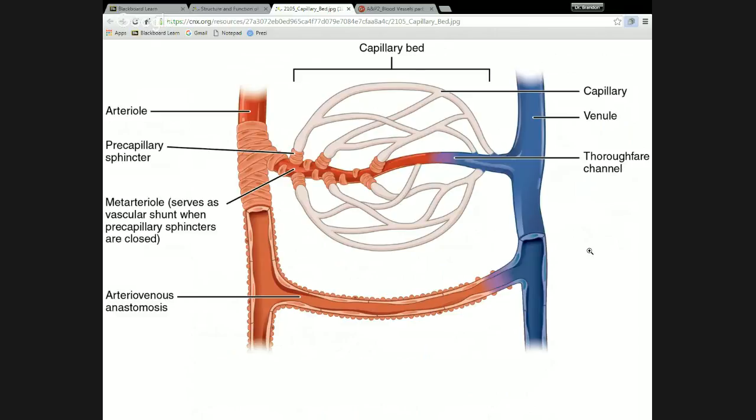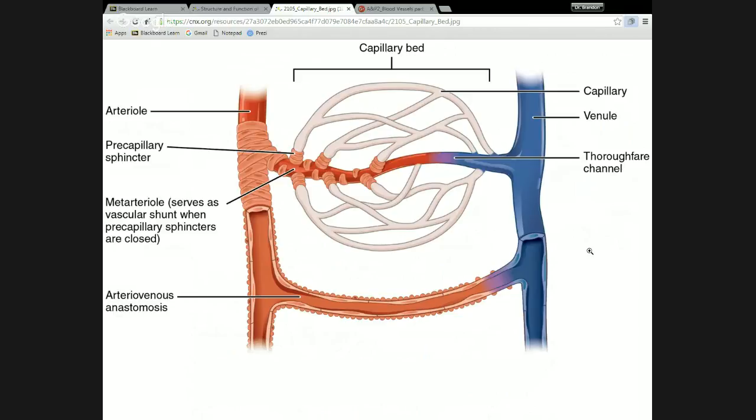The metarteriole is depicted here colored in red, representing the oxygenated blood. And then it switches to blue as the blood becomes deoxygenated passing through this area.